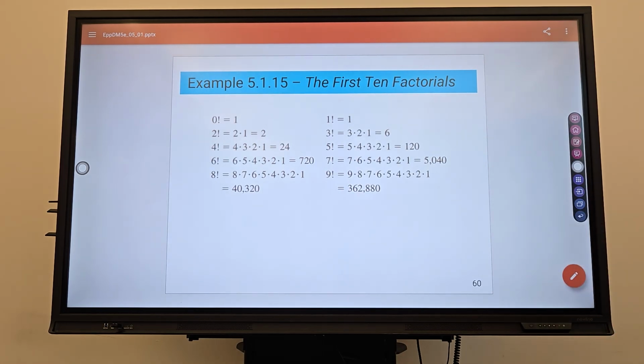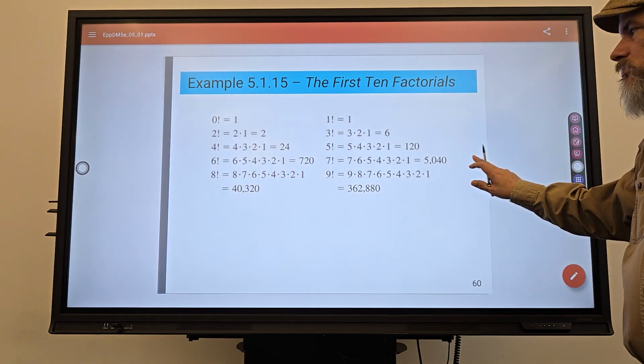So 0 factorial is 1, 1 factorial is 1, 2 factorial is 2, 3 factorial is 6, and so on and so forth. You can see those numbers climb very quickly as the argument increases slowly.